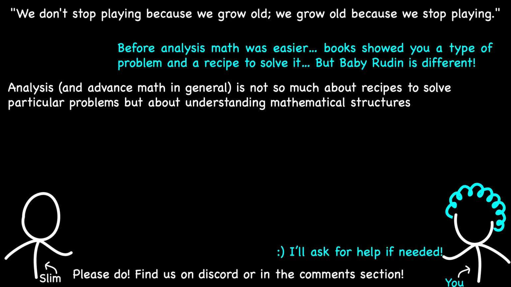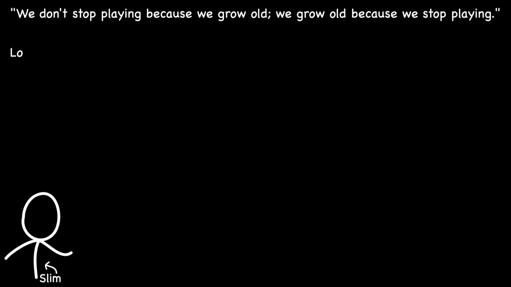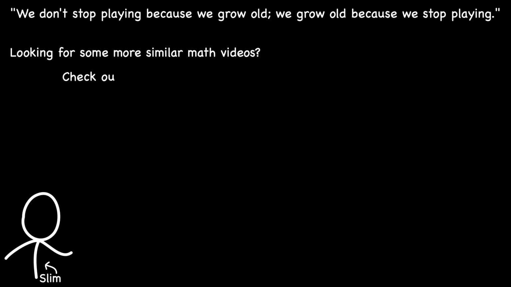The example is there to shine a light on a concept, not to give you a step-by-step solution. So there you have it, adventurers. We may not have cracked the entire code of Baby Rudin just yet. But hopefully this detour through Parabola Land sheds some light on the fascinating world of analysis.